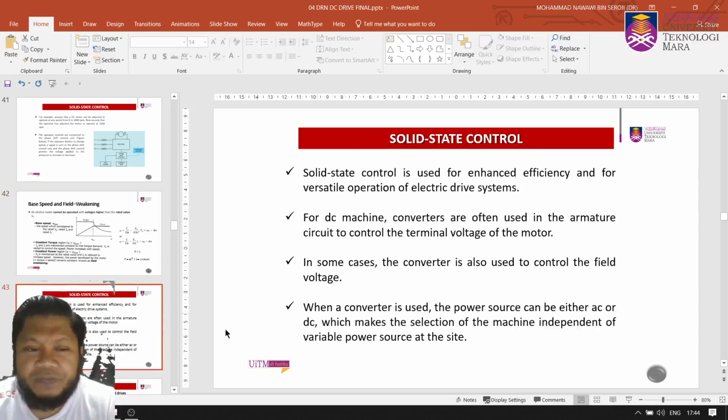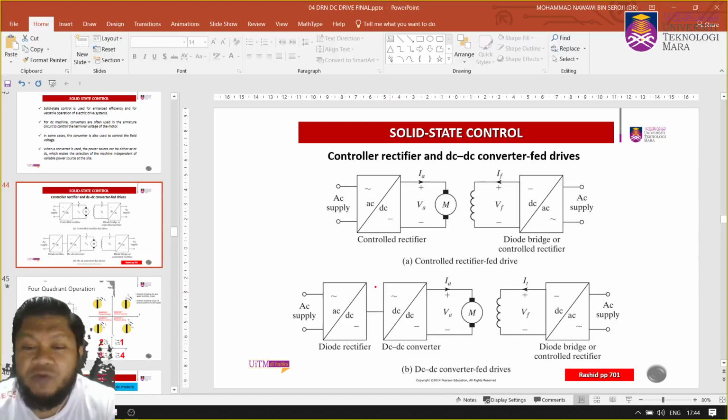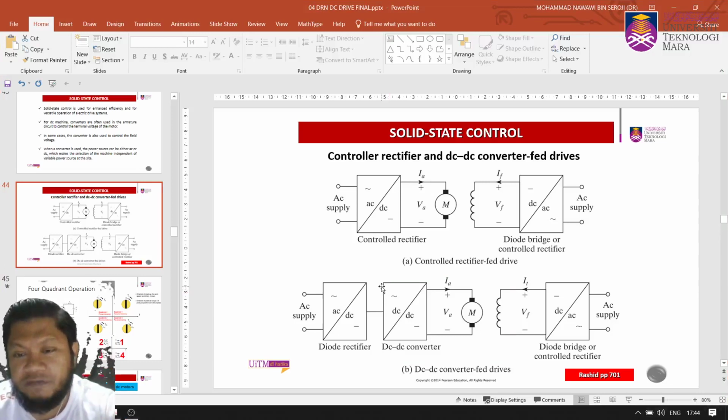Then we look into two types: the control rectifier fed drive, whereby the input side is the AC supply and you control the motor, and the second type, the DC-DC converter fed drive.